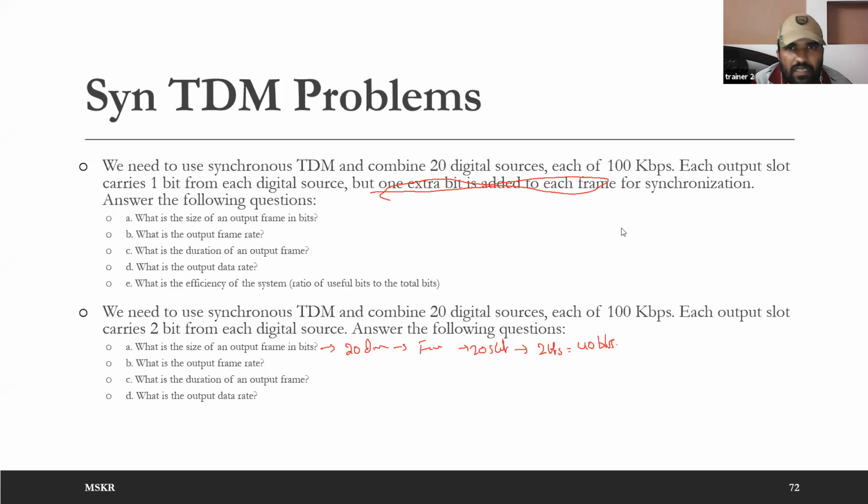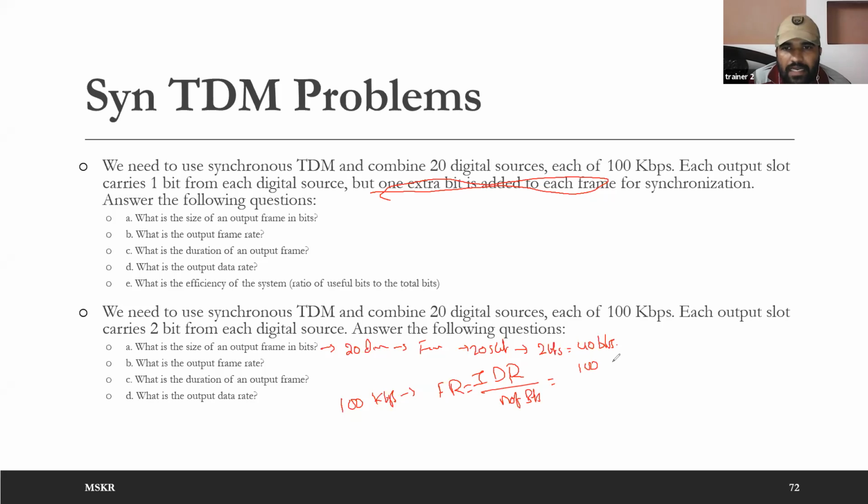Let me go to the frame rate. Each source is sending 100 kbps. Frame rate is equal to the individual data rate divided by the number of bits in each slot.